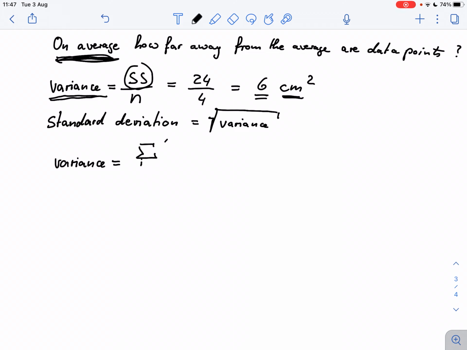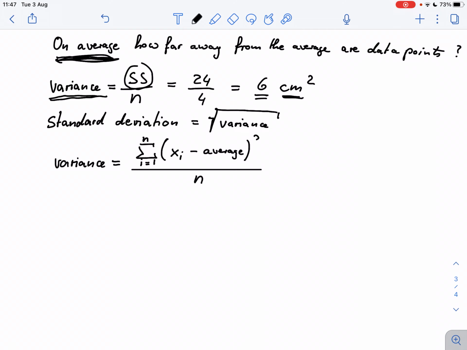We start to count at 1 and end at n of the data point, and we call that xi, minus the average, and I write it out like that, minus the average, and we divide the whole thing by n, and you've spotted what I've forgotten to put in.